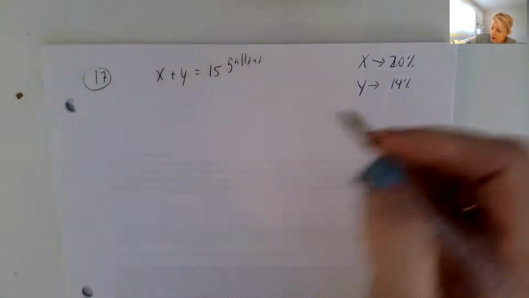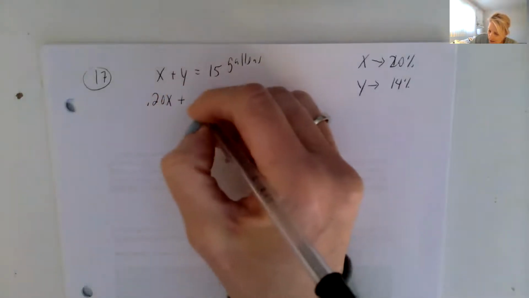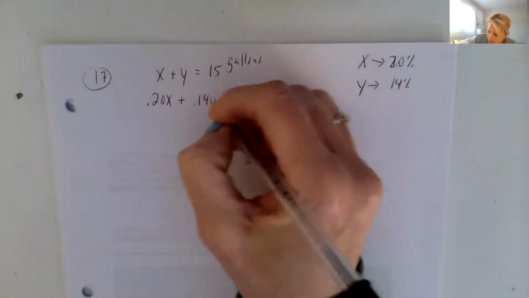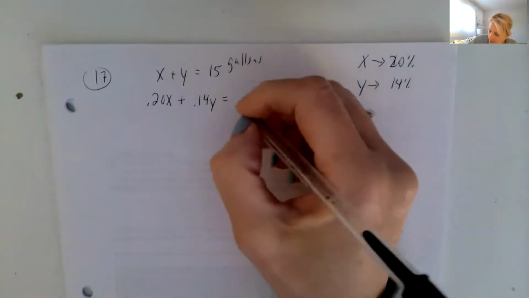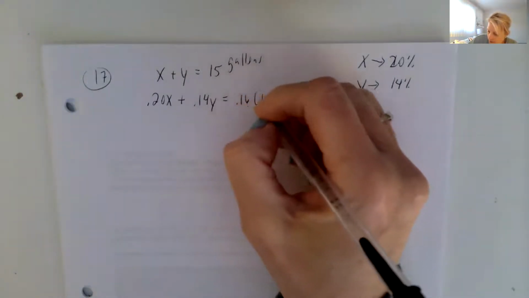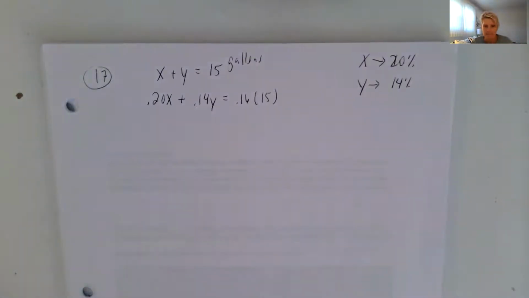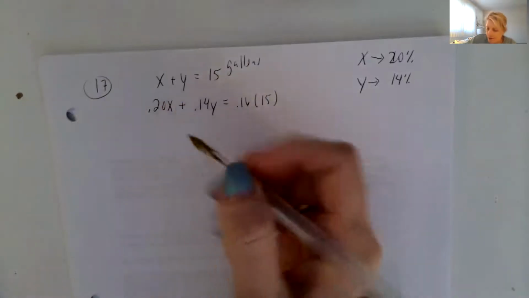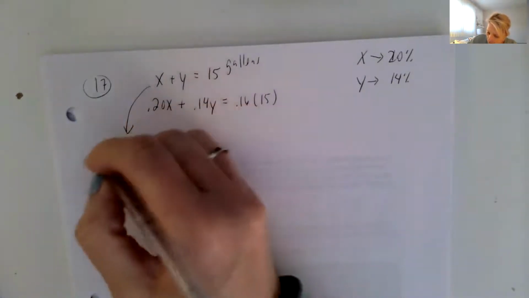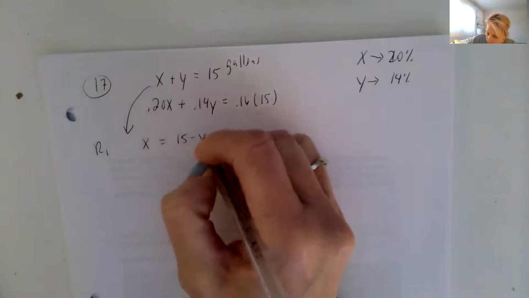So we know that x is the 20% solution and y is the 14% solution. And so we need this to be 16% of the 15 gallons. Okay, so again, I'm going to take row 1 and say x equals 15 minus y.